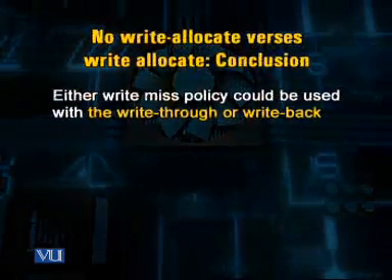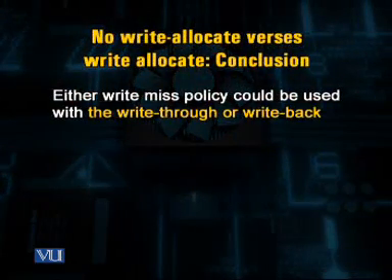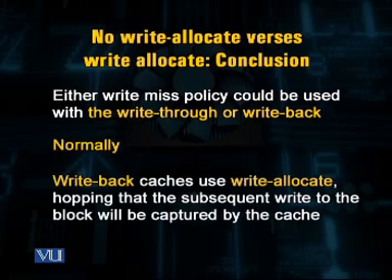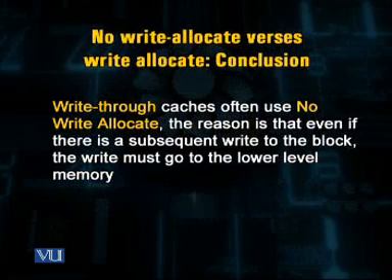So from this we can conclude that either write miss policy can be used with write through or write back, but normally write back caches use write allocate because it hopes that the subsequent write to the block will be captured by the cache, whereas write through caches often use no write allocate policy.